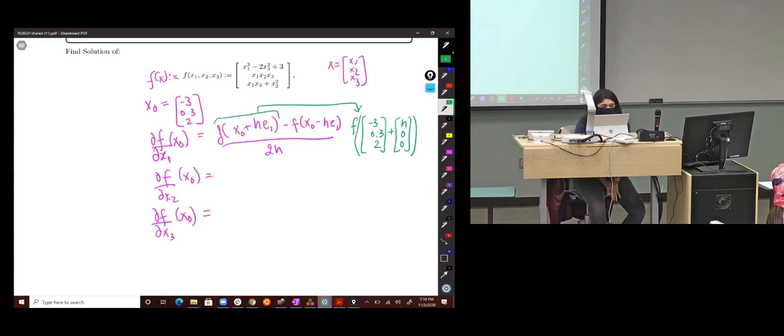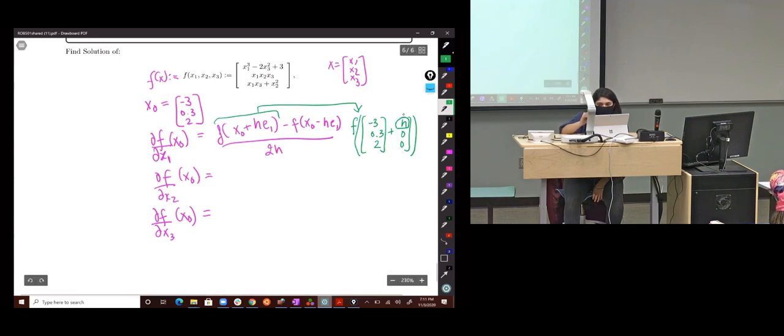So what it's basically doing is, if you're finding the partial differential of f with respect to the first variable x1, then you want to perturb the variable x1 by h. So only the first term is added h and also will be subtracted by h. And that's how we will get the first differential.